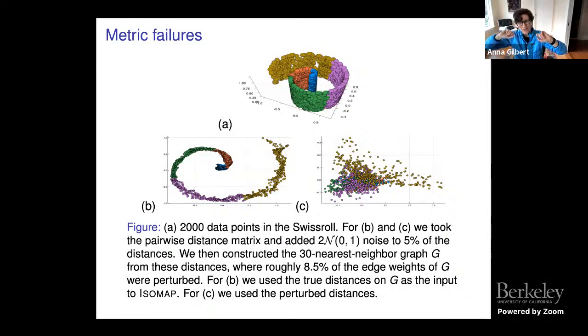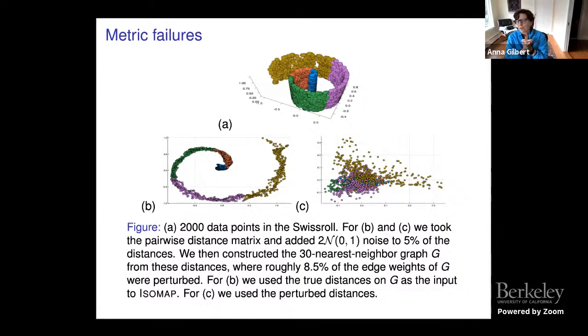And then suppose I use that corrupted distance matrix to construct, let's say, a 30 nearest neighbor graph, right? So, I'm going to put edges amongst nearby nodes, and the edges are going to have edge length corresponding to the distance, supposedly, between the nodes.